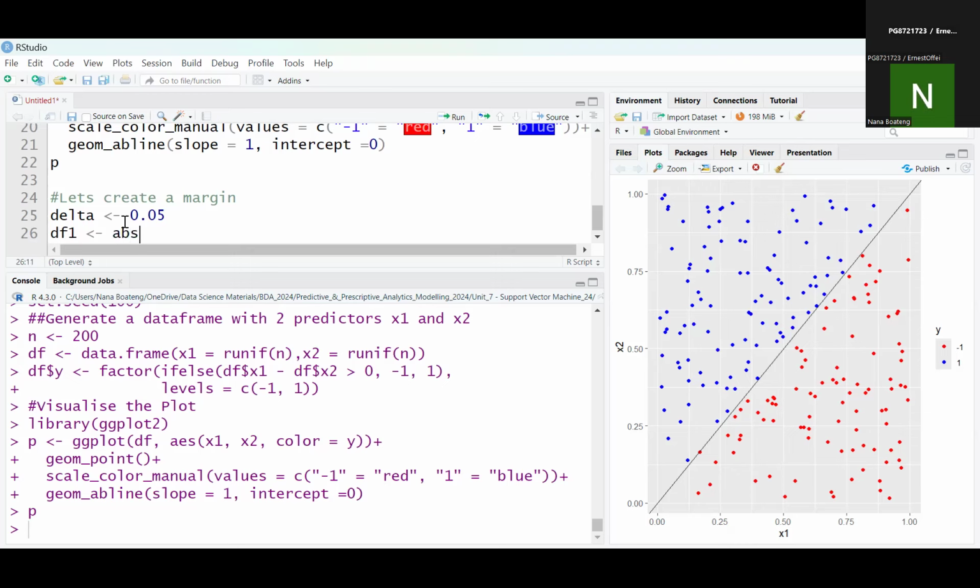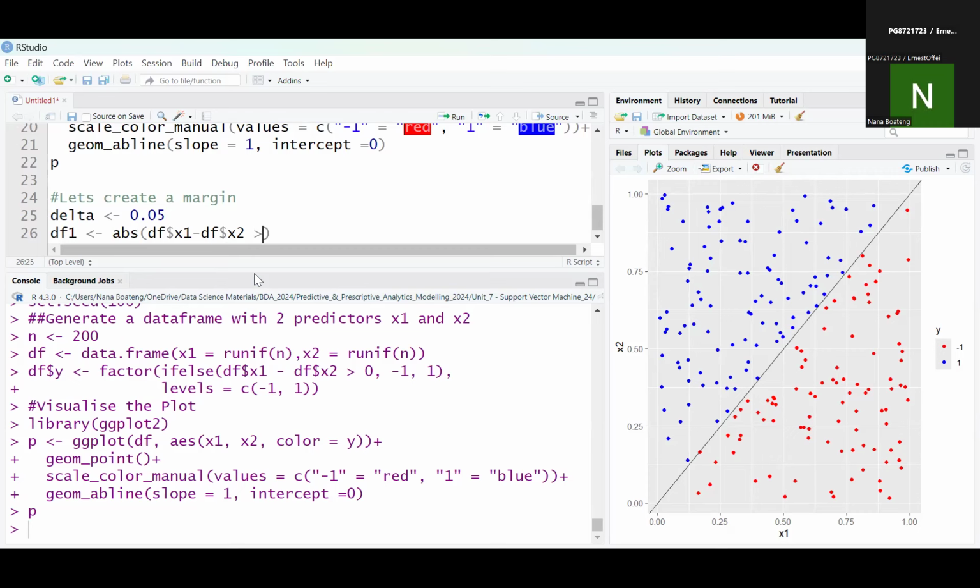We take the absolute figure, and then we take DF(x1), two.